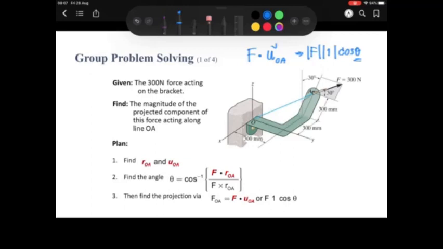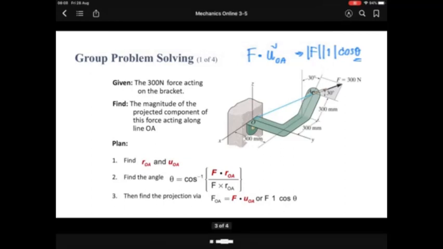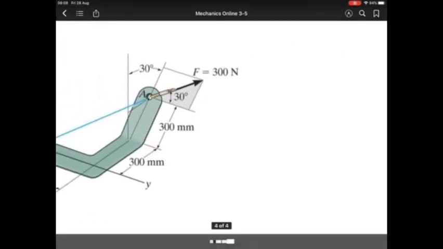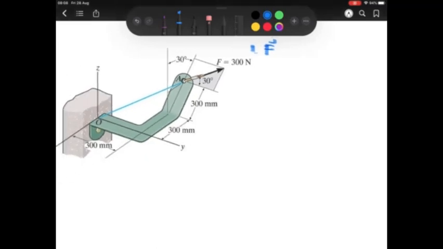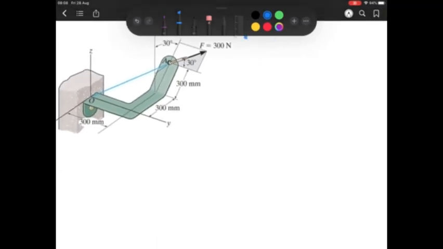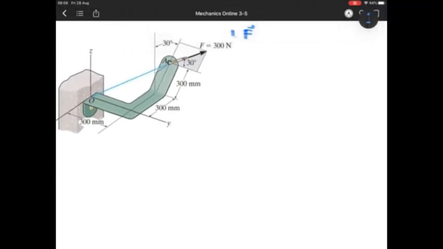So let's start by finding the force. This force is in a two-angle system, but they give you a difficult angle to see, so you have to draw some lines here, and then this angle will be equal to 30 as well.